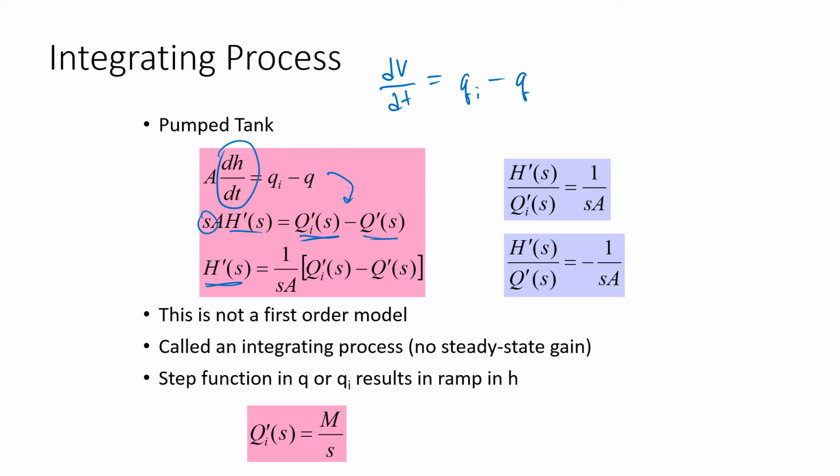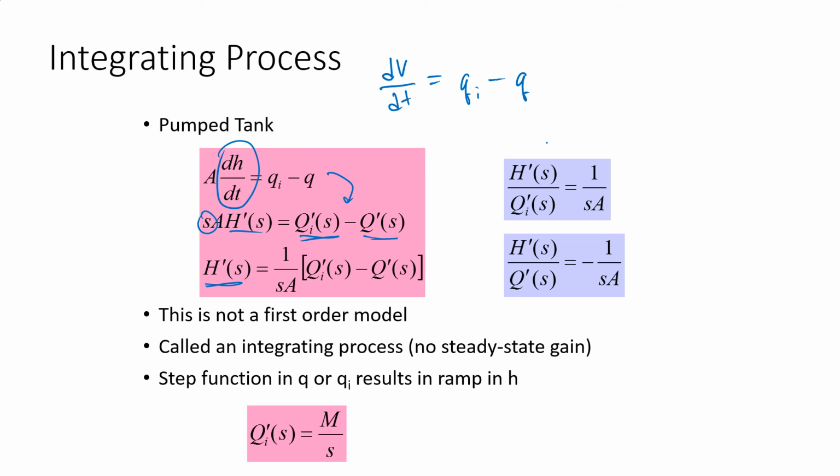So we want to come up with two transfer functions. One transfer function is related to our first input. Here on the top blue box we have H(s) divided by Qi(s), and that's going to be just 1 over sA.